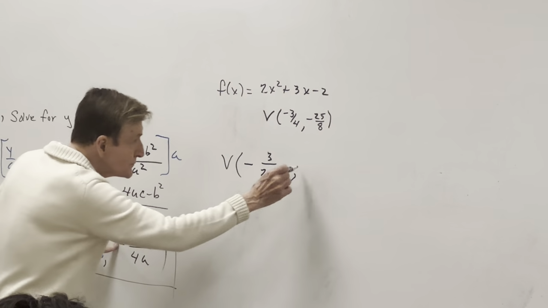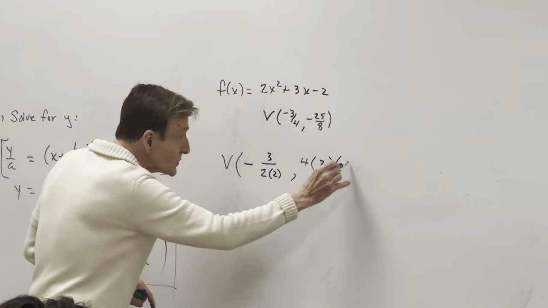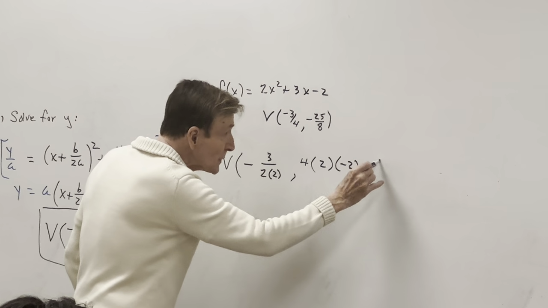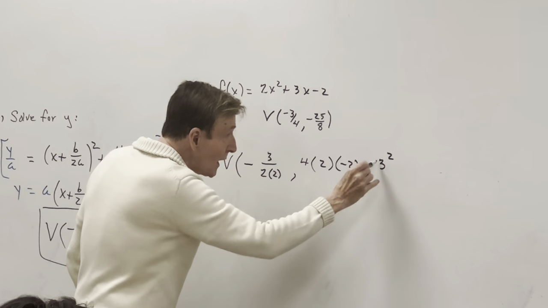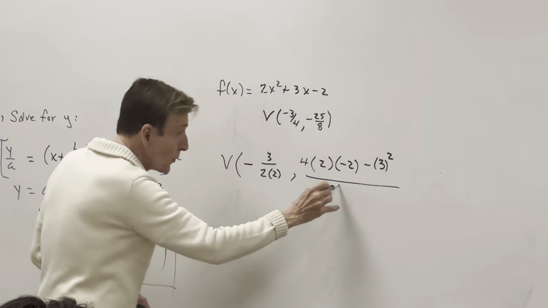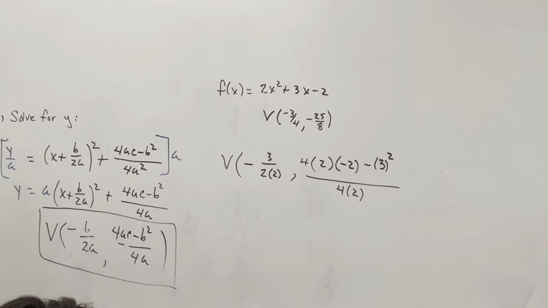4. A up there is 2. C is negative 2. I'm getting scared. Subtract b squared, all over 4 times a, 4 times 2. If that's not 25 over 8, we got issues.